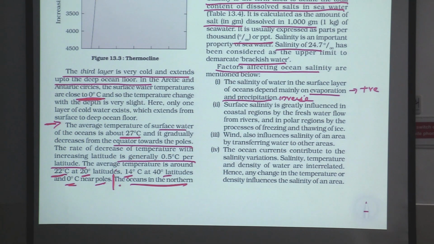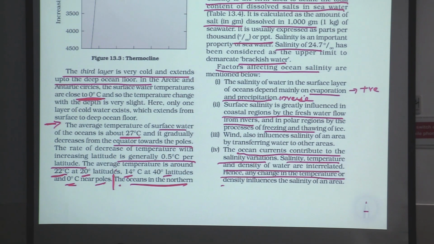Surface salinity is influenced by fresh water flow from rivers and also melting of ice, because they by default will be diluting the salinity, so logical thing. Oceanic currents also contribute to salinity variation. Salinity, temperature and density of water are interrelated, thus change in temperature or density influences the salinity of water.